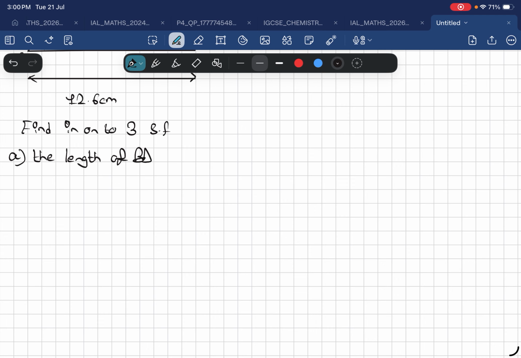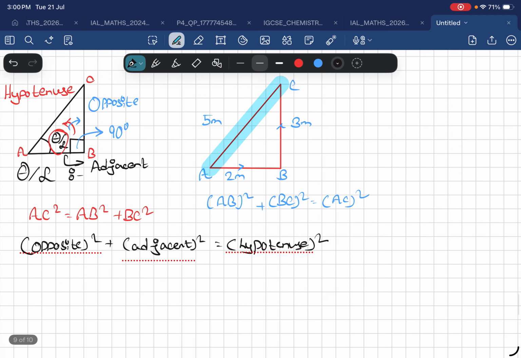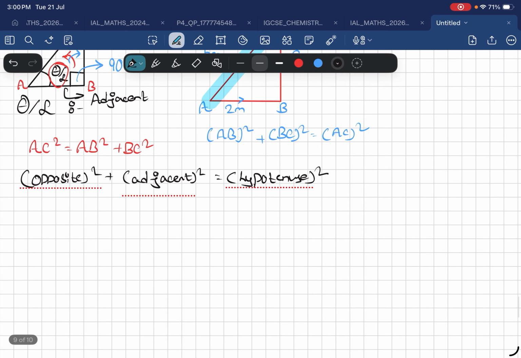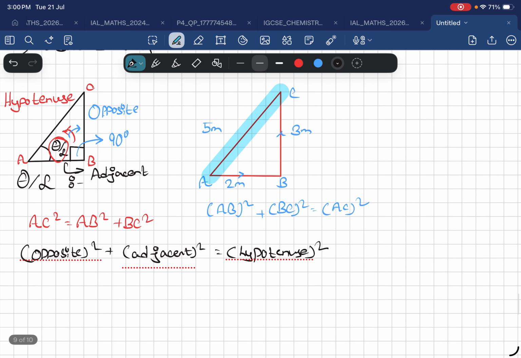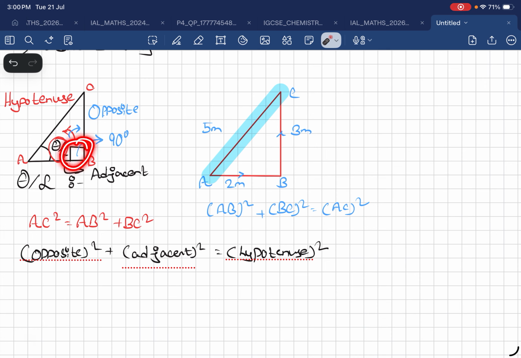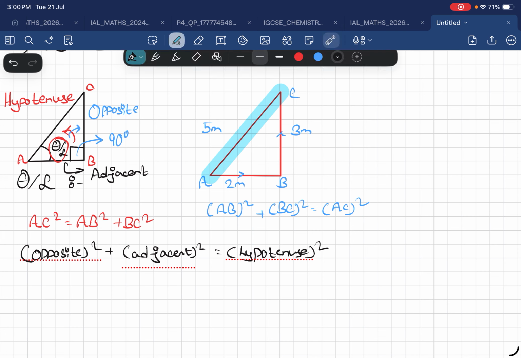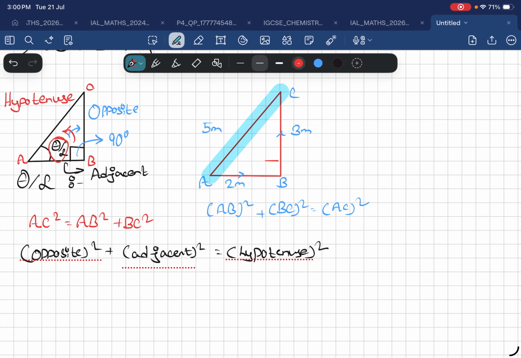But before that, I forgot to show you something. The opposite side of the 90 degrees is called the hypotenuse. The opposite side of theta or alpha is called the opposite, and the remaining side is adjacent. I hope this is clear, right? This is also a right angle triangle.